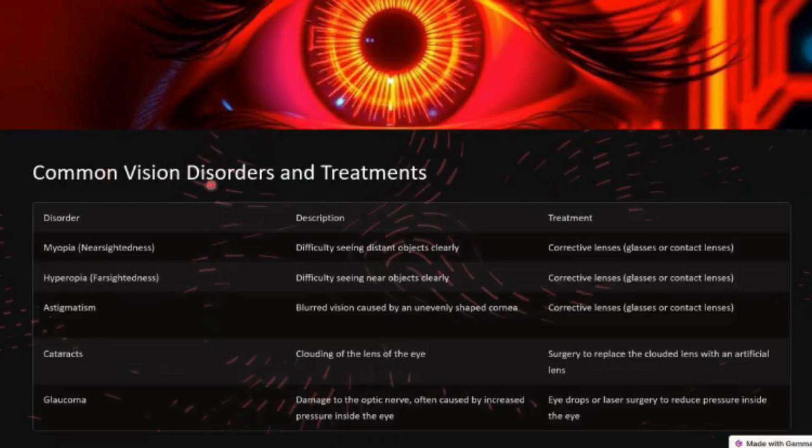We'll see now common vision disorders and their treatment. So myopia, which is also known as nearsightedness. There is difficulty seeing distant objects clearly. Corrective lenses, glasses or contact lenses, are the treatment for that. We can also do laser surgery.